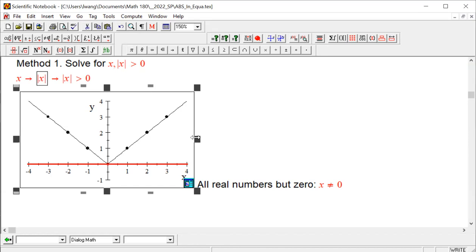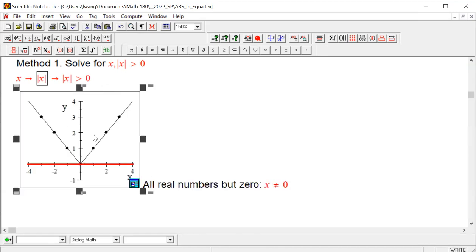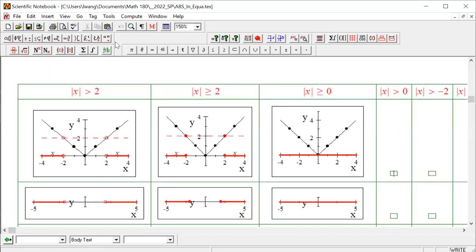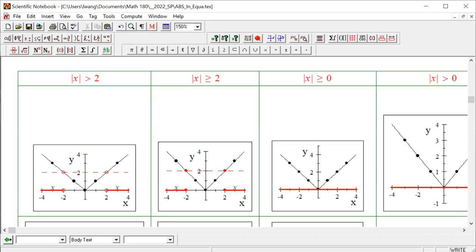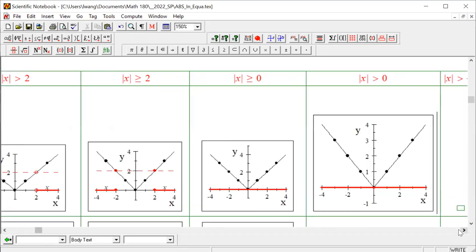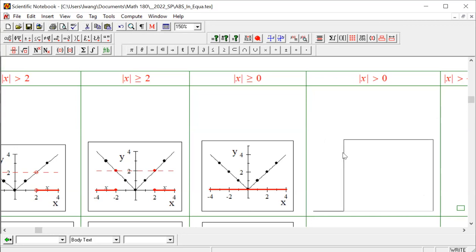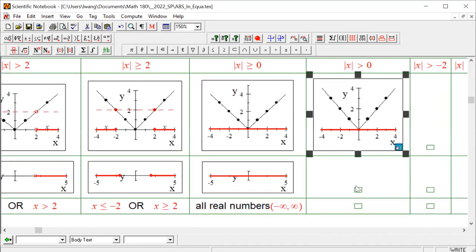Anyway, the solution is just all real numbers but 0. So we're going to put that in the table. In this case, don't forget its meaning. We want to find all the inputs such that their output is positive. So the solution is x is not 0, all real numbers but 0.